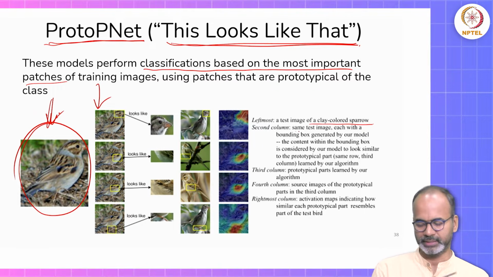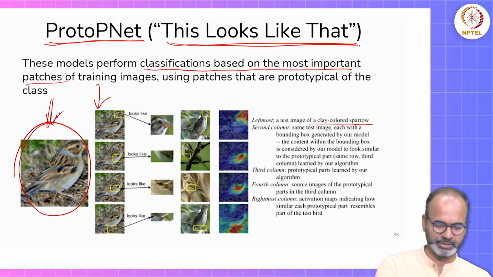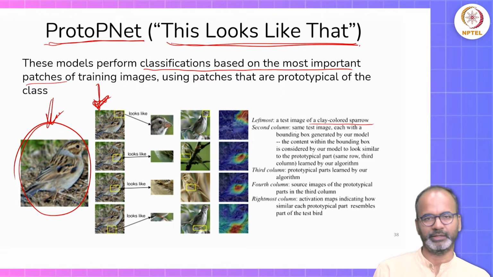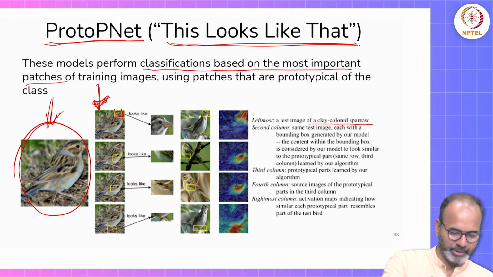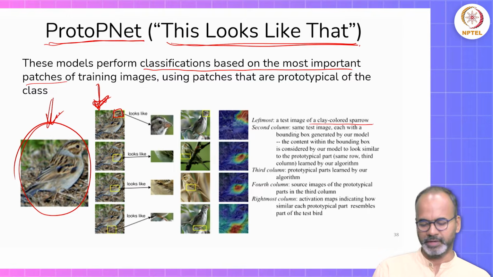The second column is the same test image, each with a bounding box. You understand how to create a bounding box, or you can use any off-the-shelf method to create the box around a specific part of the image. The content within the bounding box is considered by our model to look similar to the prototypical part, which is the same row, third column, learned by our algorithm.